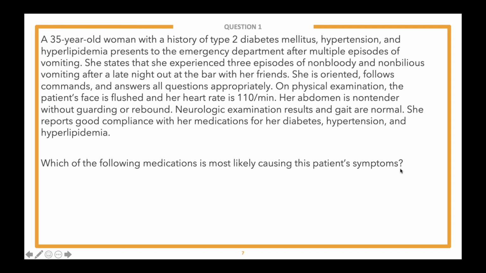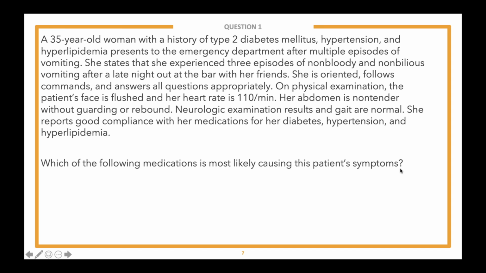A 35-year-old woman with a history of type 2 diabetes mellitus, hypertension, and hyperlipidemia presents to the emergency department after multiple episodes of vomiting. She states that she experienced 3 episodes of non-bloody and non-bilious vomiting after a late night out at the bar with her friends. She is oriented, follows commands, and answers all questions appropriately.